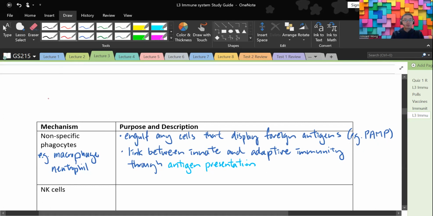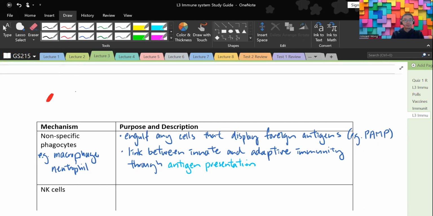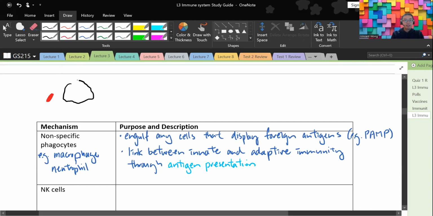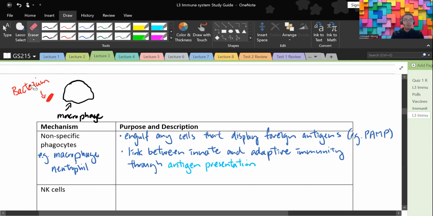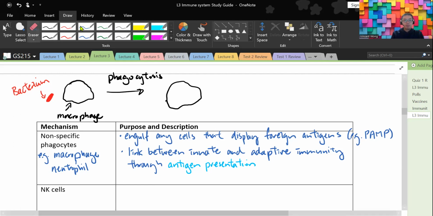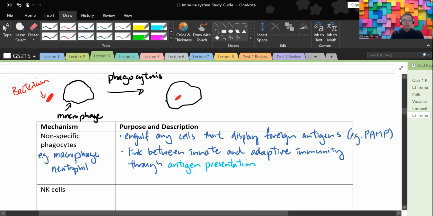So let's say you are infected with a red bacteria, and then here we have a macrophage. Okay, so here this is the bacterium. What's going to happen is the macrophage is going to eat up the bacteria using phagocytosis, which basically means it will come and engulf the bacteria.